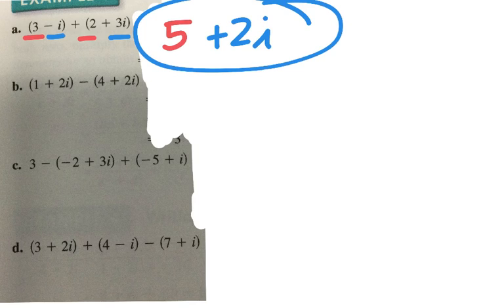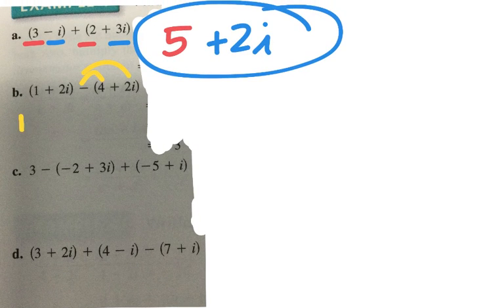Questions? B part, again, I have to distribute that negative because I'm subtracting the entire complex number. So once I do that, I'm going to have 1 plus 2i minus 4 minus 2i.